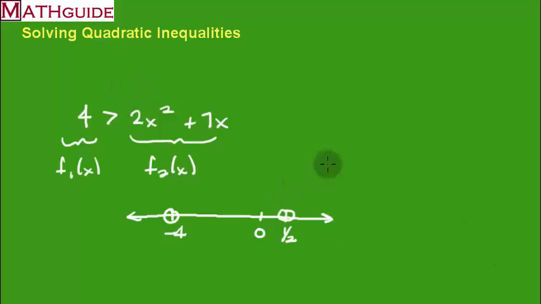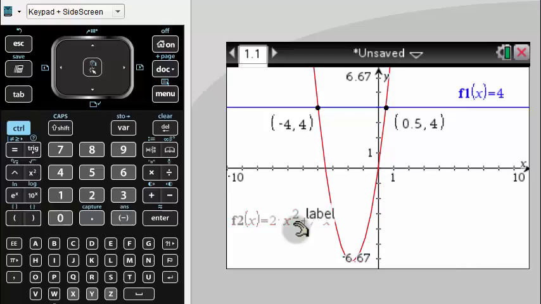Let's go back to the graph to see that. You'll notice that we've got this line and the U shape, and I want to know where the line is higher. If you look towards the center of the graph, this U shape goes very low, way lower than the line. That's where the line is higher than the U-shaped graph.